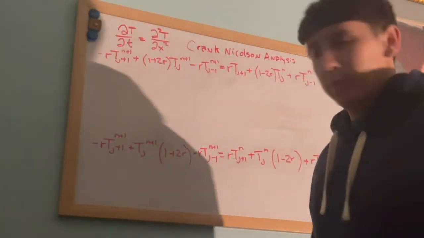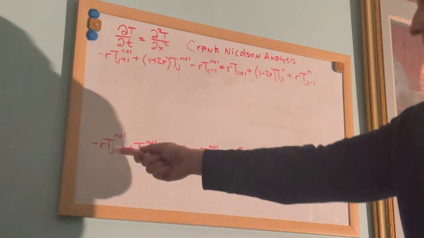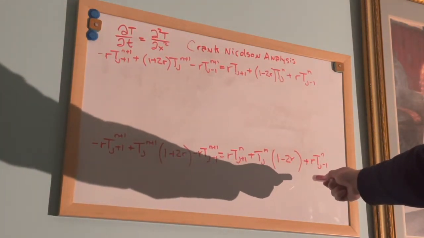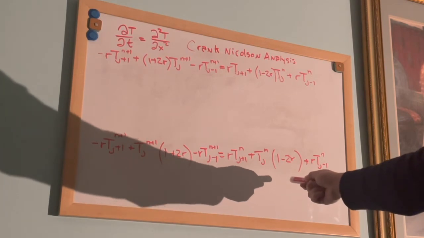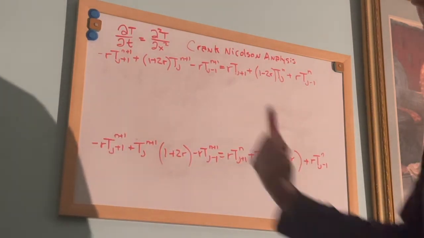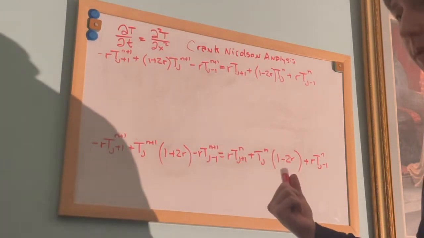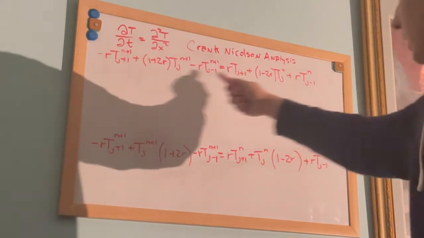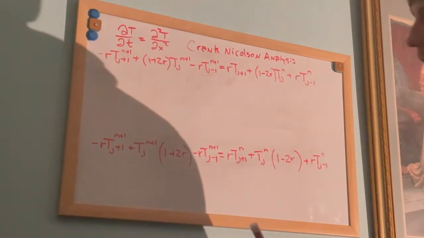All right, guys, so I'm back. What I ended up doing is I copied that equation that we had derived earlier from taking the average of the two, the time step ahead and the time step before, for this Crank-Nicolson analysis. So I basically wrote that equation up here. You just saw it.